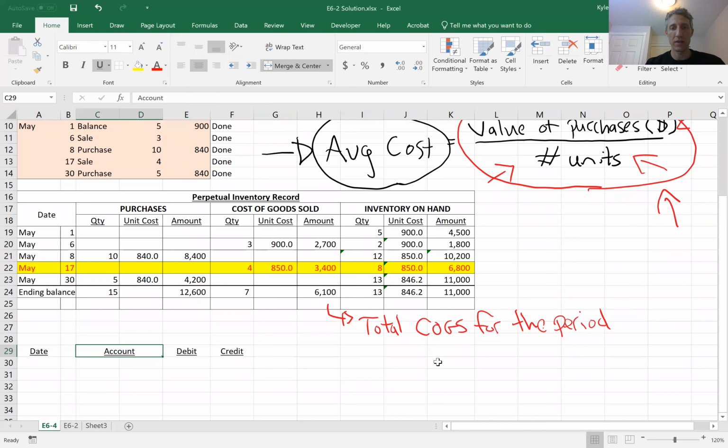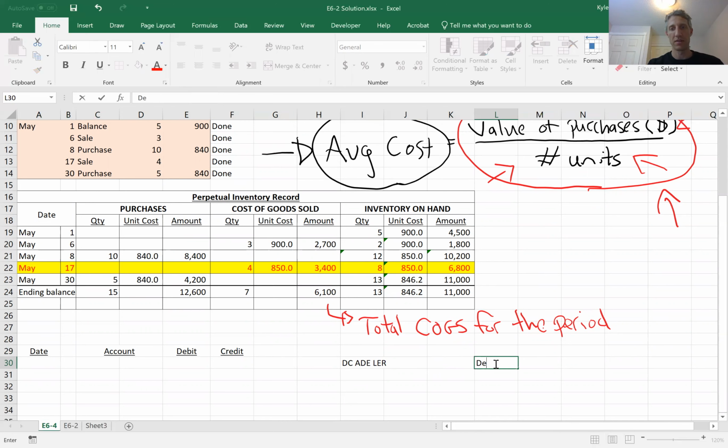A good way to do it is to set yourself up for success by giving yourself a cheat sheet. A good way to remember is DC Adler. D for debit, C for credit, so DC, and then Adler.